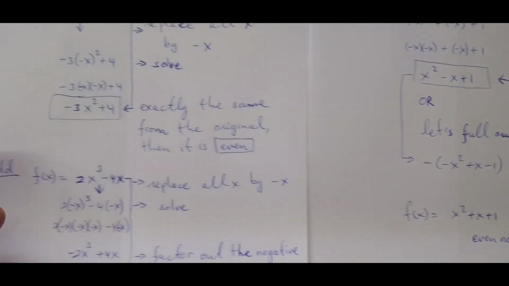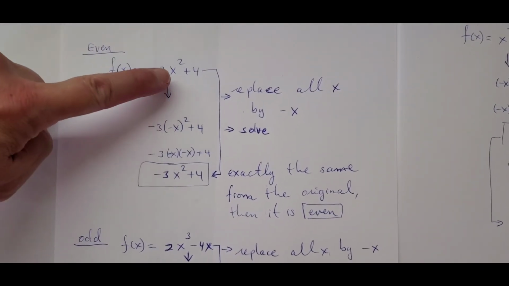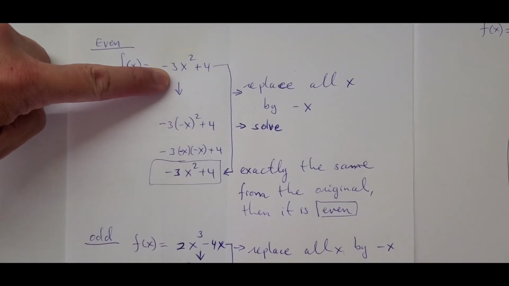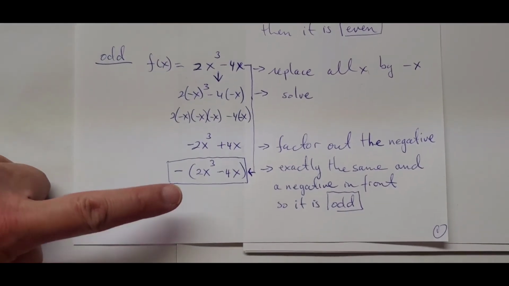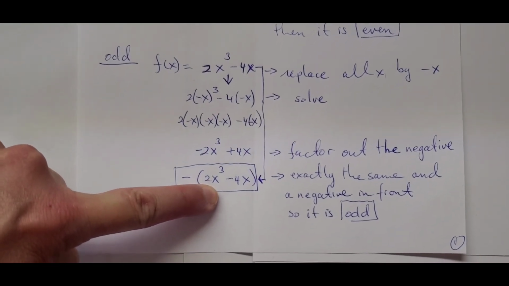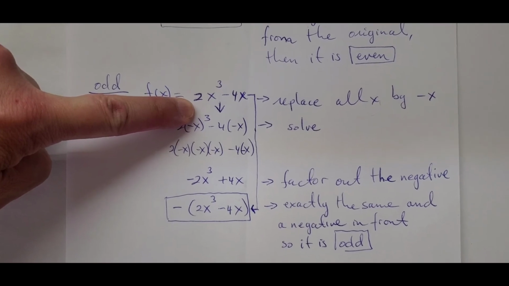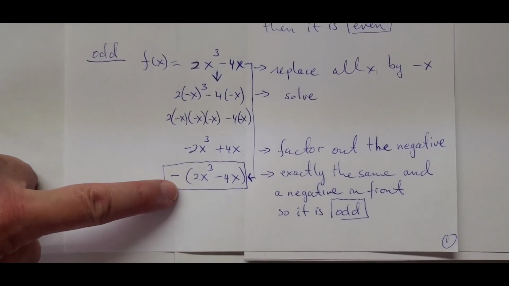So for an even example, the answer should look exactly like the original. For odd, the answer from inside the parentheses must look exactly as the original, but with a negative in front.